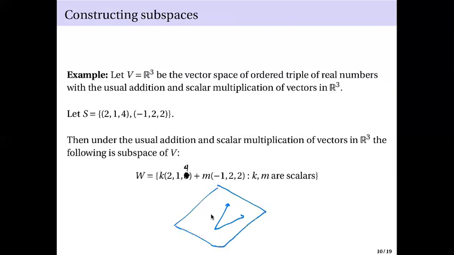The plane parallel to both of the two vectors here is a vector space, and it is a subspace of your R3.